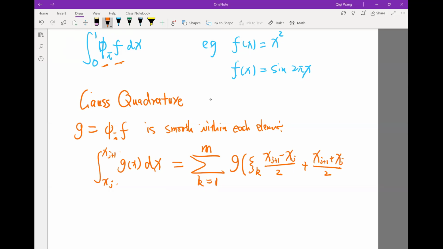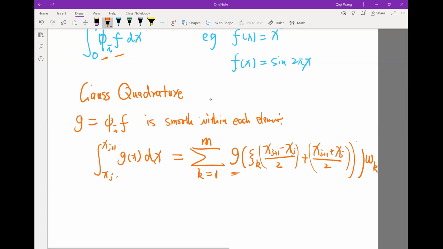So this is the half width, and this is the center of the domain between x_j and x_{j+1}. We are essentially evaluating the function g only at a finite set of m discrete points, and multiplying with a w_k. The w_k is also scaled to the width of the domain, so w_k is multiplied by x_{j+1} minus x_j.